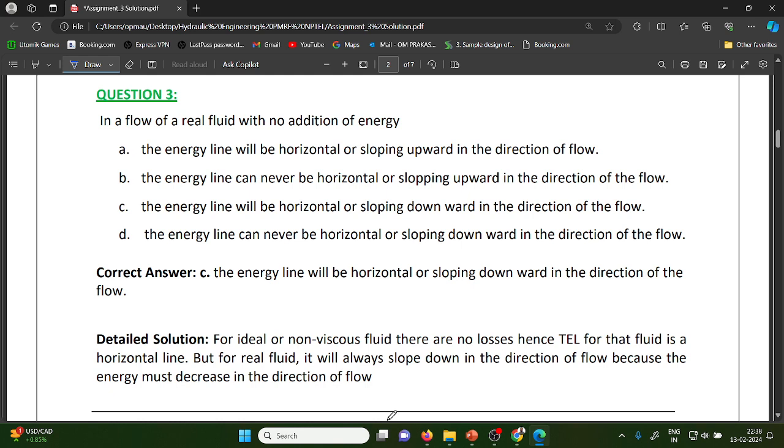But for the real fluid, it will always slope down in the direction of flow because the energy must decrease in the direction of flow. So it will be downward. The energy line will be horizontal or sloping downward in the direction of flow.